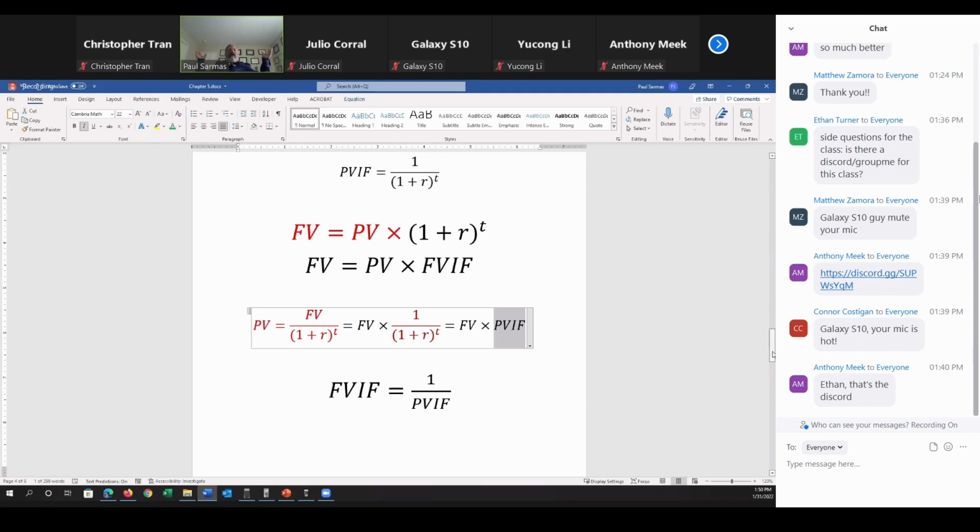The table doesn't have 52 years and doesn't have 9.5. So this is what we all learned to do, something called linear interpolation. The table tells us 9% 50 years, and the table tells us, for example, 10%, 50 years. Let's say 10%, 55 years.